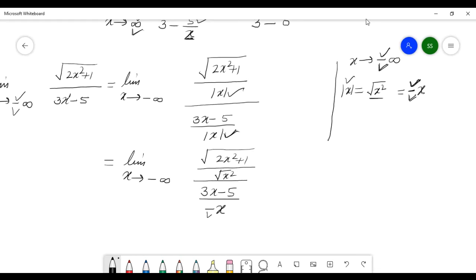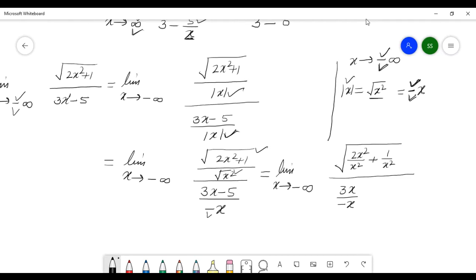Now solve this. What is it equal to? X goes to minus infinity. See this: the square root of 2x square divided by x square, plus 1 divided by x square, divided by 3x divided by minus x, and minus 5 divided by minus x.